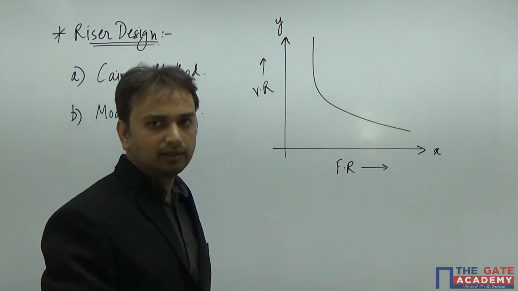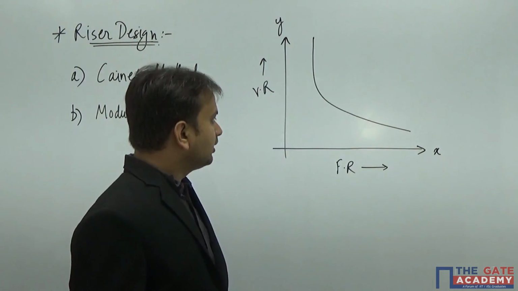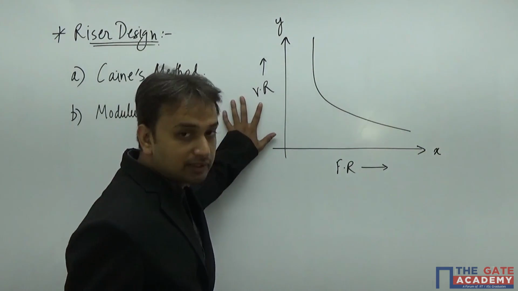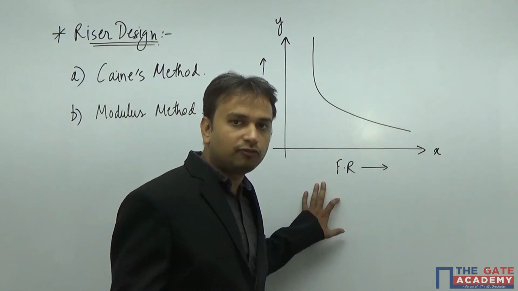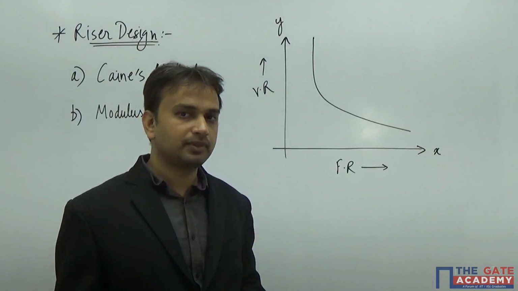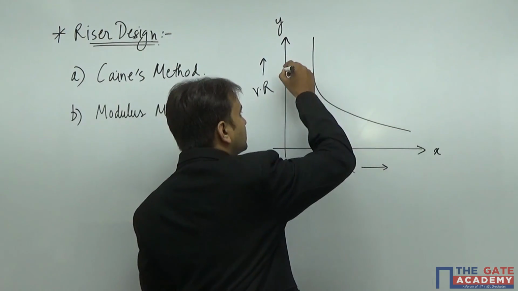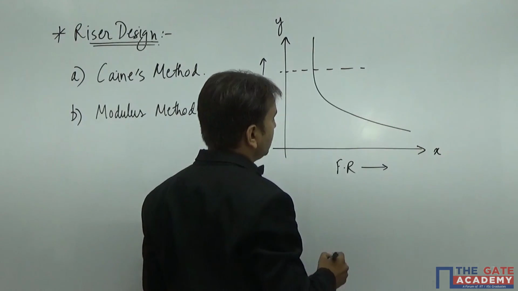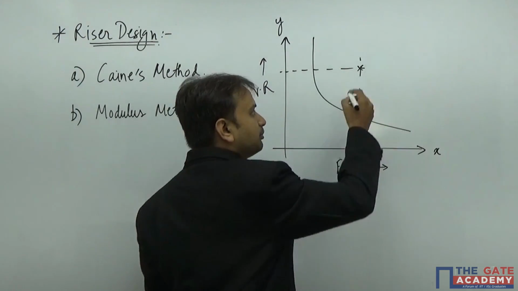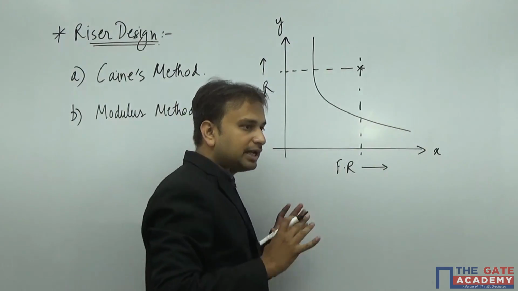Something like this. Okay, it is again a freehand figure, so it might differ from the actual diagram. And what he said is that if you calculate the volumetric ratio and the freezing ratio for your riser design and casting design combination, and suppose the volumetric ratio is something like this and the freezing ratio is something like this, and if they meet at this point, at the right side of the curve here, that ensures the adequacy.